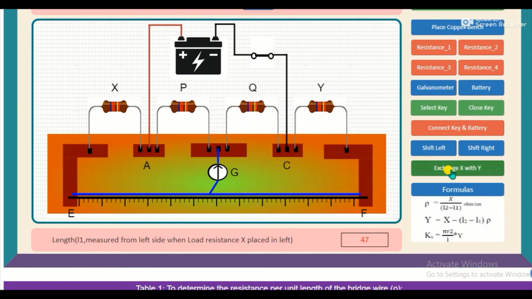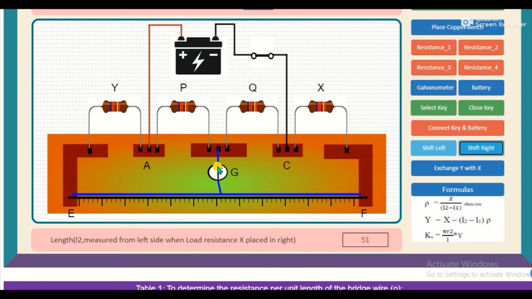Okay, so what we have to do next is exchange X and Y as per the theory. So now we are going to click here. Yeah, now this has been shifted again. Now we have to shift it towards right, then the galvanometer can again show zero deflection. This is the point of zero deflection.